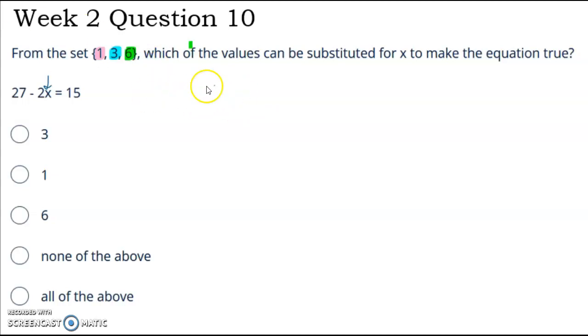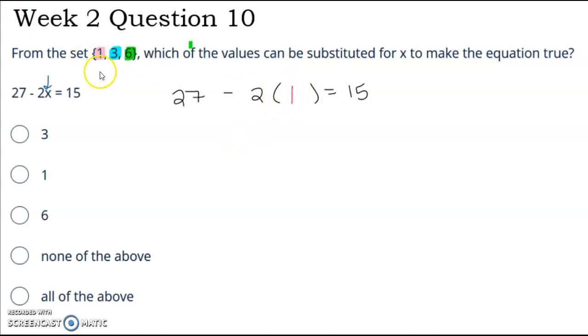Actually, let me show you another way you can go about it. This is my original equation, 27 minus 2 times whatever x is equals 15. So now I'm just going to plug the 1 in.